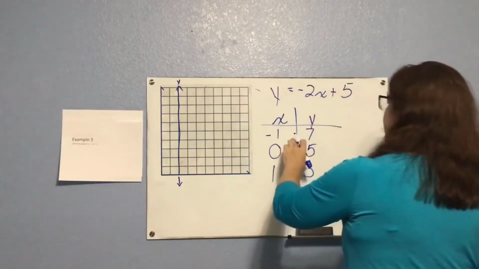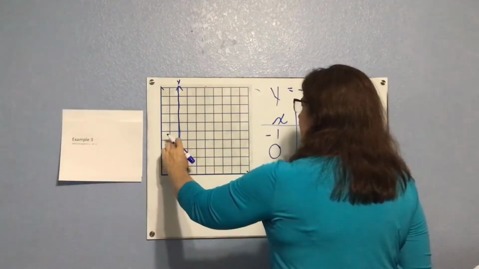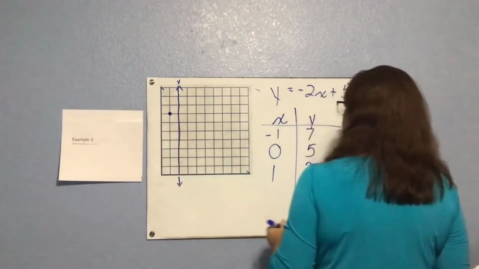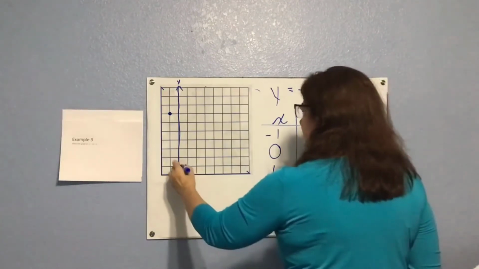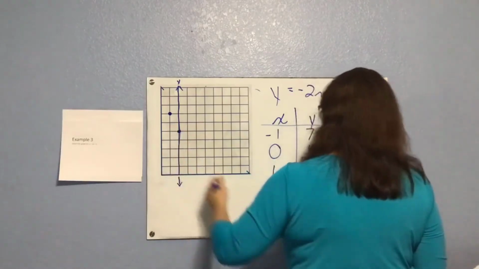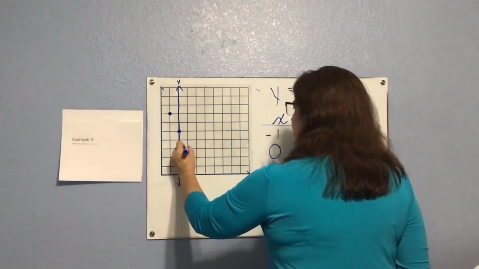Okay, so my first point is negative 1, 7. So negative 1, 1, 2, 3, 4, 5, 6, 7. There's that point. 0, 5. 1, 2, 3, 4, 5 right here. And 1, 3. So there's 3 points.